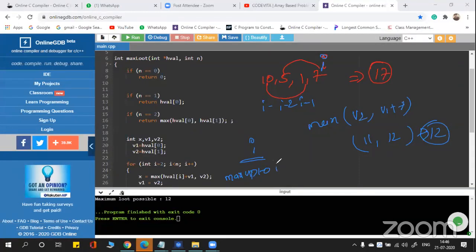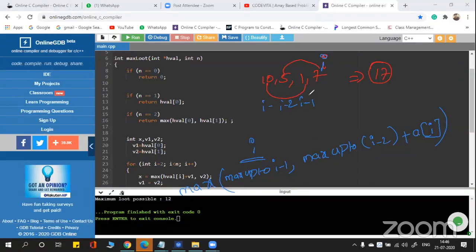Maximum up to I minus 1 or maximum up to I minus 2 plus whatever may be the A of I value. If you are taking I minus 2, then consider I also. If you are taking I minus 1, then don't consider I. So I should find out the maximum: in these two things, whatever is greater, I should get that value.